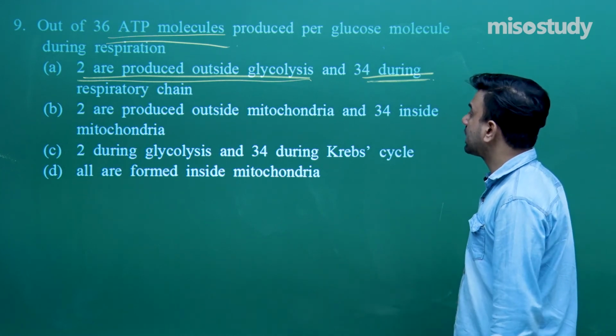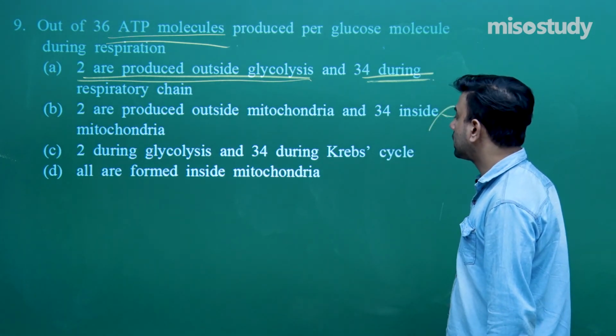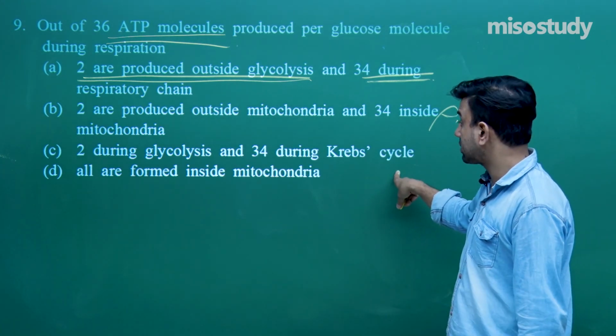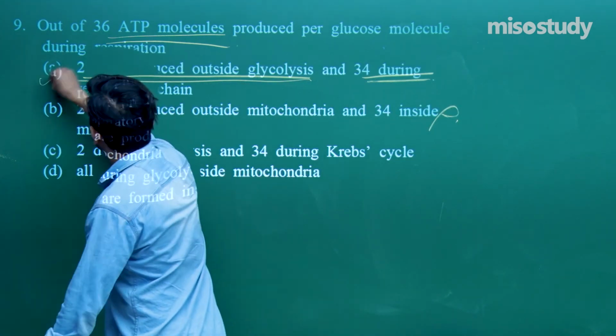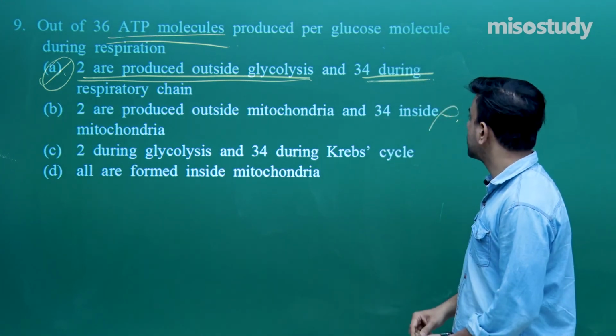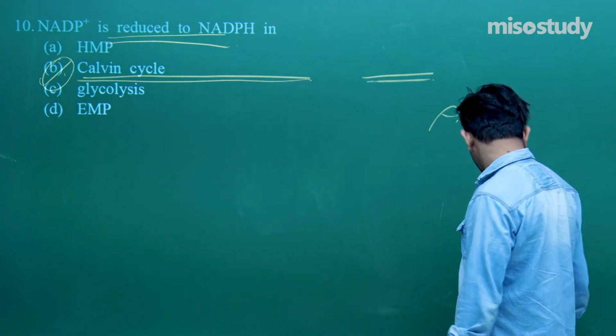The option saying 34 are produced during glycolysis and Krebs cycle is wrong. So the correct answer is 2 are produced during glycolysis and 34 during the respiratory chain. Now we move on to the next question.